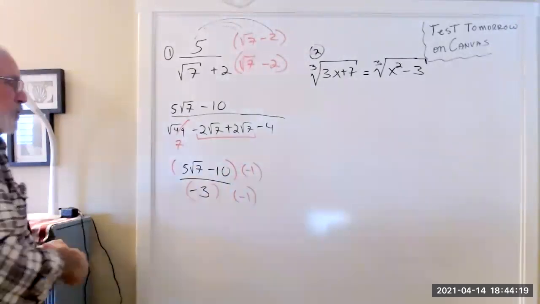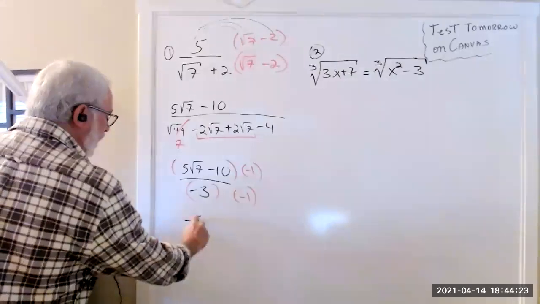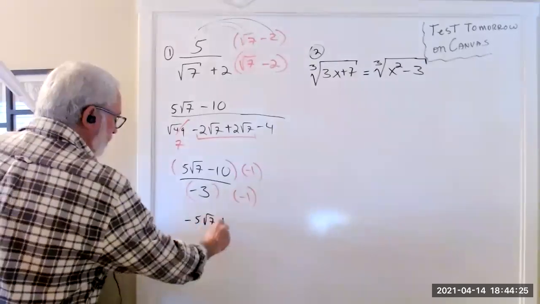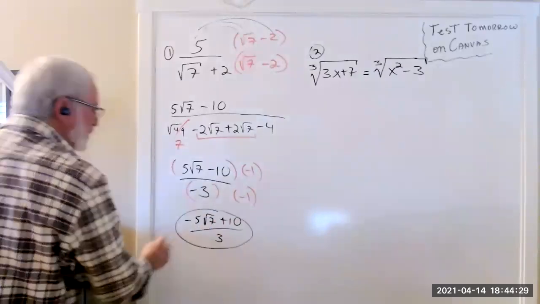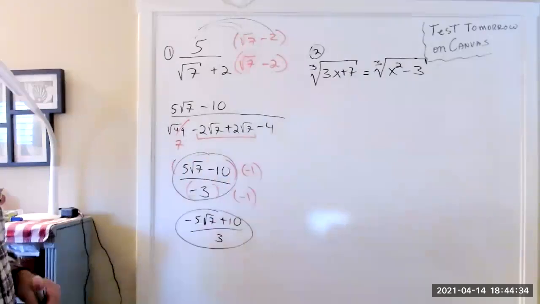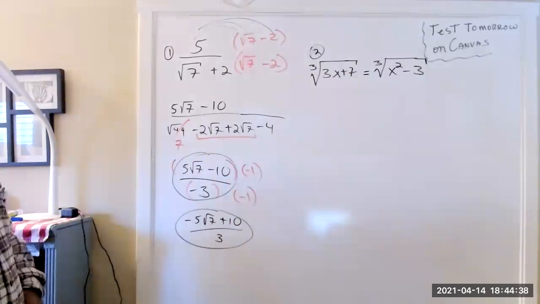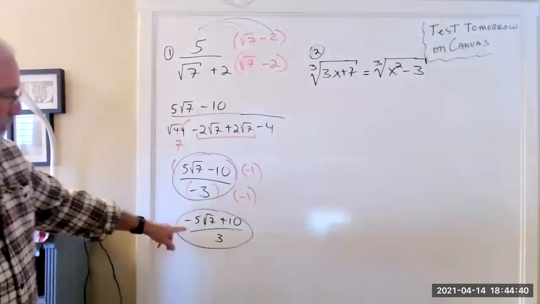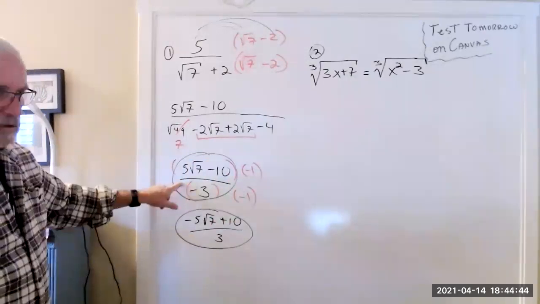This turns out to be -5 radical 7 plus 10 over +3. This answer and this answer are exactly the same. There's no difference, except some people think this is prettier than this. I will accept either one of these. It doesn't matter to me.